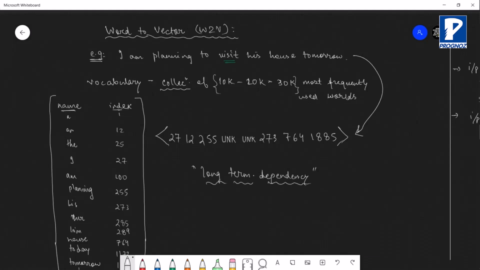What I mean is that when long term dependency comes into RNN, at that point of time RNN is not able to show you the accuracy it is expected to show. Why does this happen? We will try to understand. And what is long-term dependency? We will try to understand. So usually long-term dependency will occur when the length of the statement is very huge.